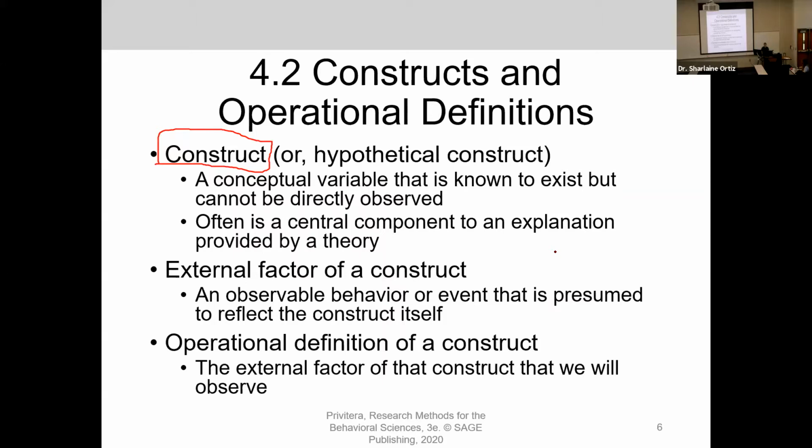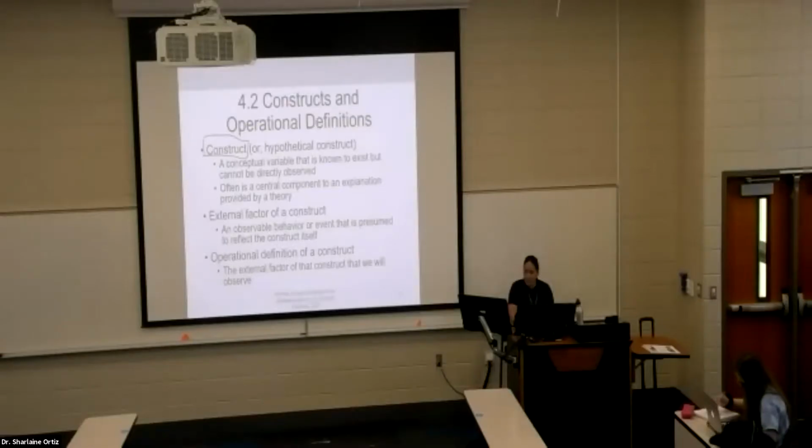It's a concept of a variable that we know exists, but I cannot directly observe it. Generally, in social sciences, what we're talking about is a behavior or an event that we believe is going to reflect that concept itself, right?